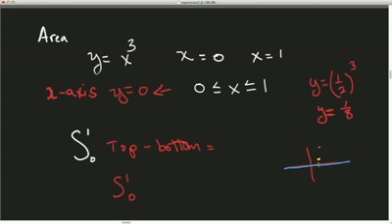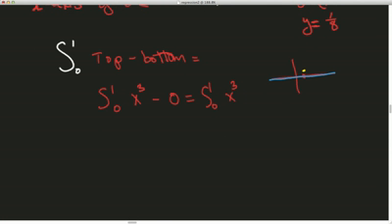So because it's above, it's the top function. So you would do x cubed minus 0. Had it been below, it would be 0 minus x cubed. And then you integrate that. How do you integrate x cubed?